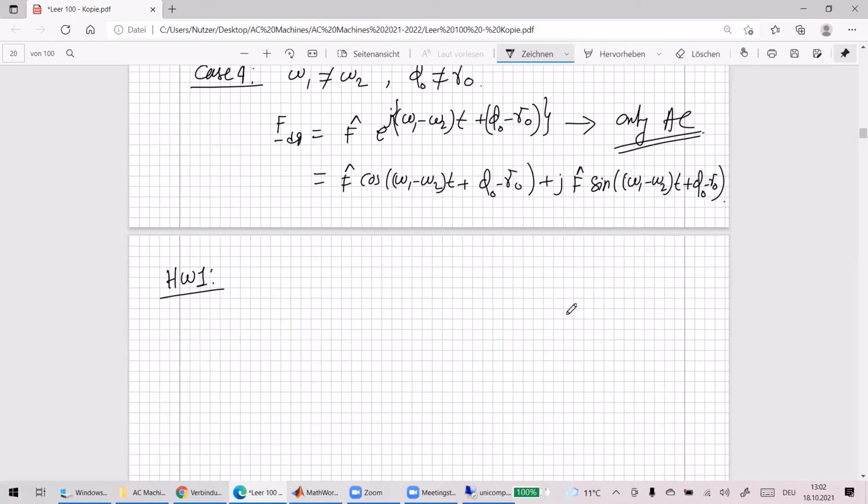Now we will consider also the negative sequence component in the system. Till now there was only positive sequence, but now let's consider the negative sequence also. So FABC has positive, negative, and zero sequence components.